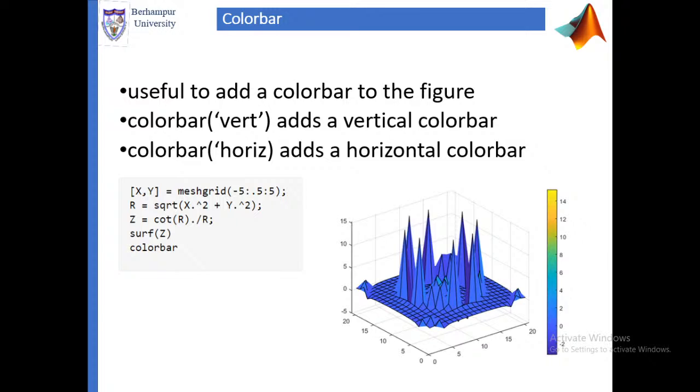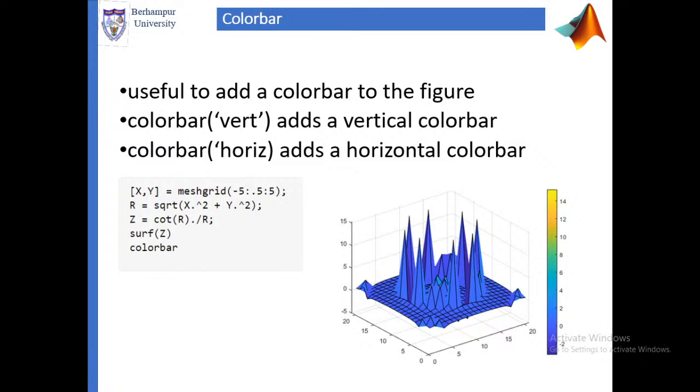And then another important part is the color bar. The color bar is for when you have a plot and want to know what the values are. If you want to know the range of values, you use a color bar on the side of the plot, either on the right side or on the left side or below or above it. If you want a vertical color bar, you can write colorbar within brackets 'vert' within quote marks.